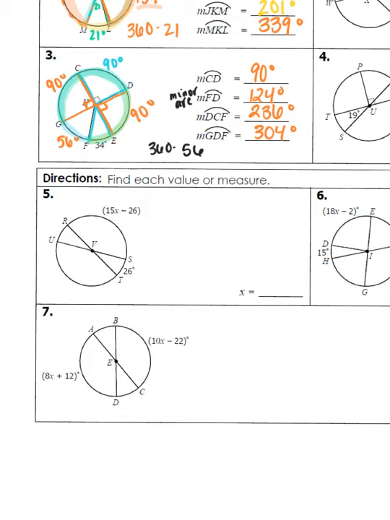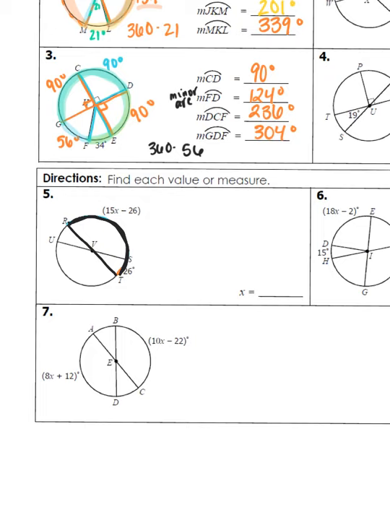All right, so next we're going to try a couple of problems involving algebra. So find each value or measure. Okay, so we're solving for the variable. So what I have here is I have this arc labeled as 15x minus 26, and I have this arc labeled as 26 degrees. Now if we look at these two arcs together, if I follow them together, they create a semicircle, which is half of the circle.